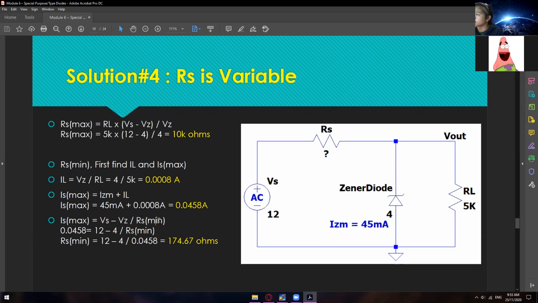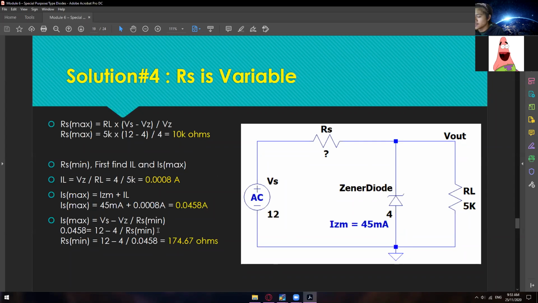It is now your own understanding why we have to consider this resistance only to solve for the IS max, why we have to consider this one only in getting the IL min or IL max. Actually, with the use of Ohm's law, you will be able to understand why we have that formula and why we have this and that.